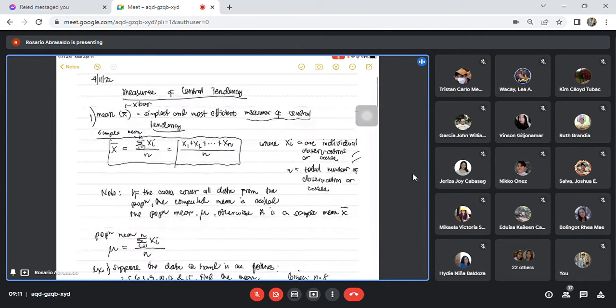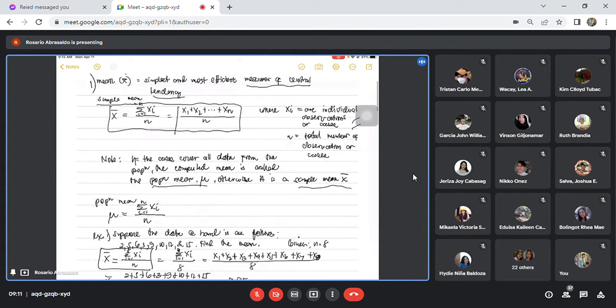We have here a note below. If the cases cover all the data, all the data from the population, then the symbol we use for the computed mean is called the population mean. The symbol for the population mean is mu. Otherwise, it is called the sample mean.